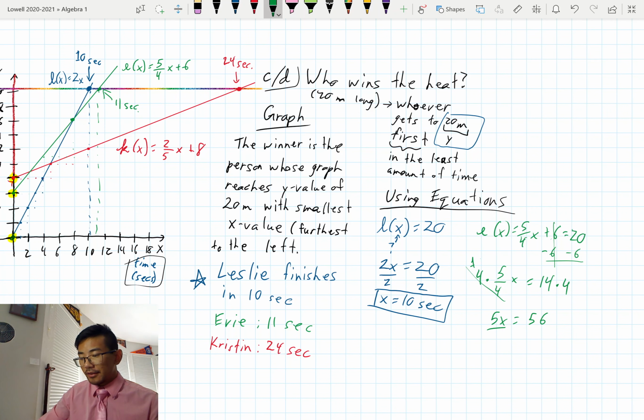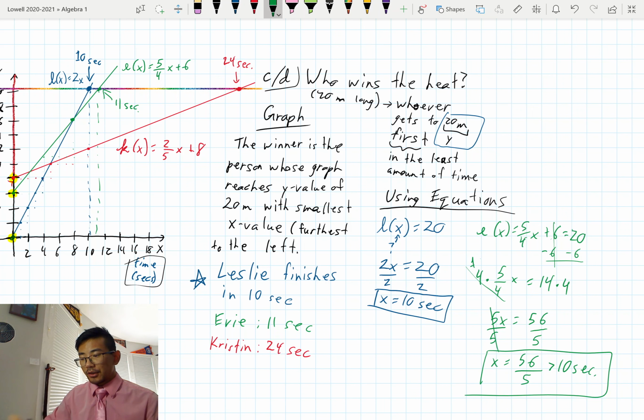And if I divide everything by 5, we end up with x equals 11.2 seconds, which we do know is bigger than 10 seconds. And so she is not winning the race.